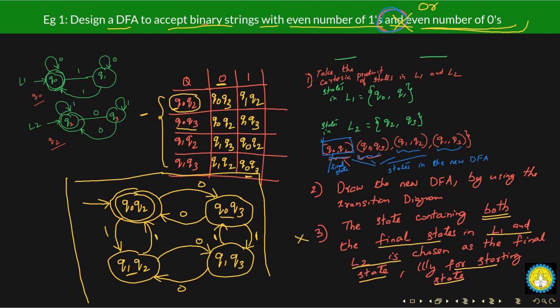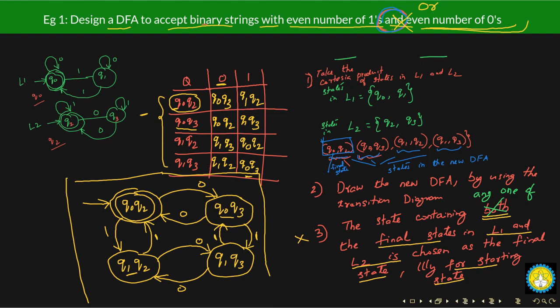So in the third step, instead of marking the state containing both the final states in L1 and L2, I'm going to modify it slightly. Instead of both, I will say any one of the final states in L1 and L2. In the case of an intersection, or an AND operation, we chose the final state as the state containing both the final states in L1 and L2.